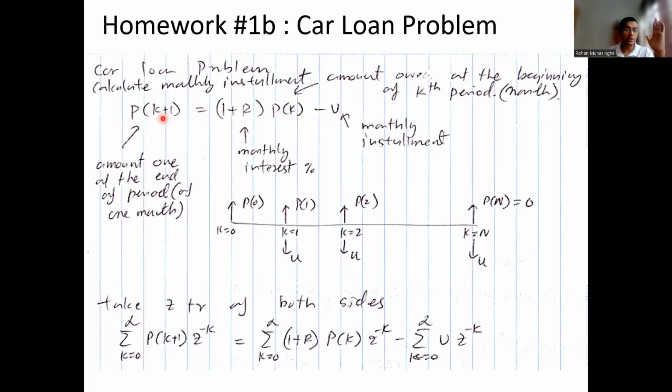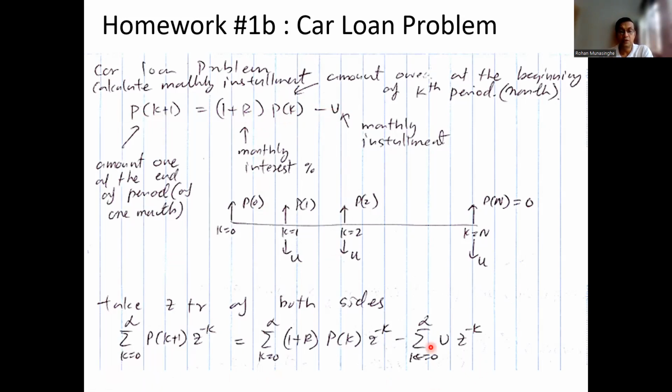This is a left shift. Okay, not right shift. This is a left shift. So you have to use the left shift equation for Z transforms and write it over here. And then here, 1 plus R is a constant. PK you transform into Z world, and this is a constant, right? You have to transform that into Z world as well.